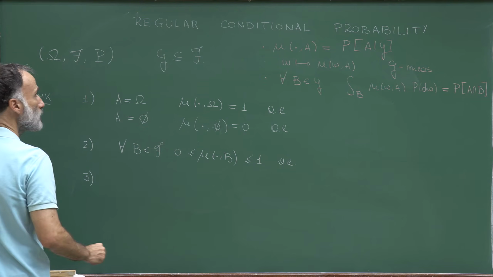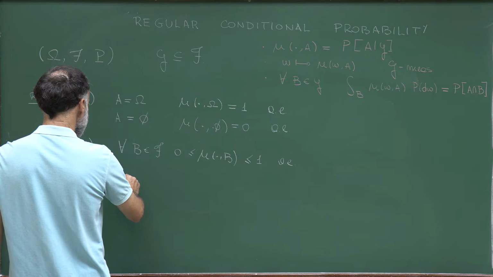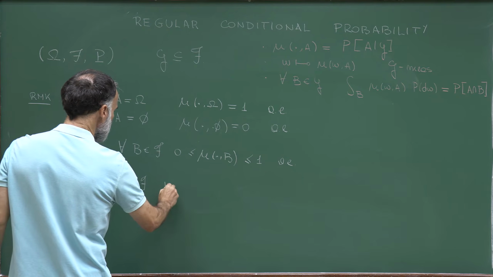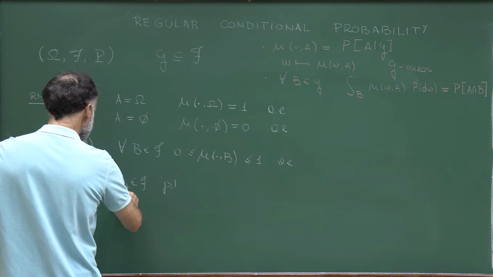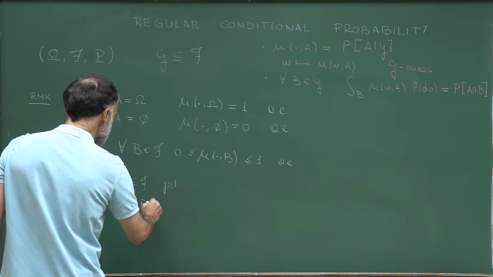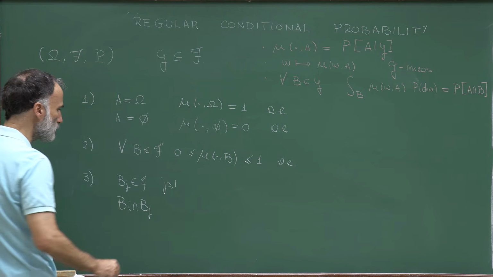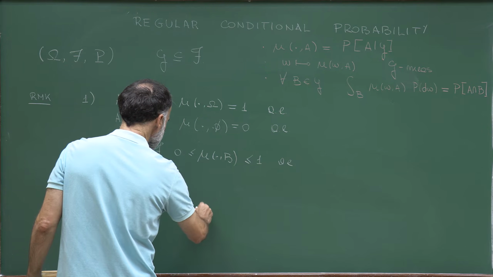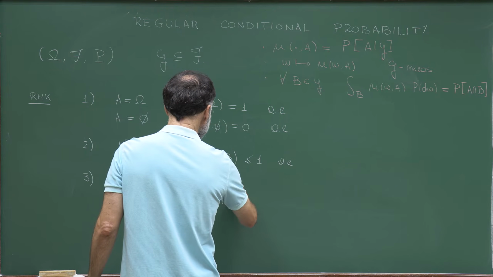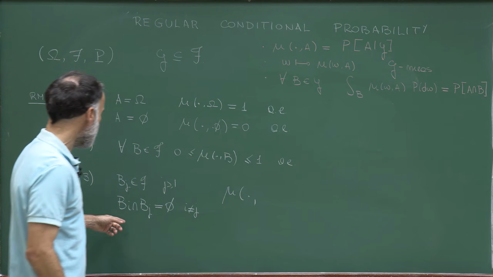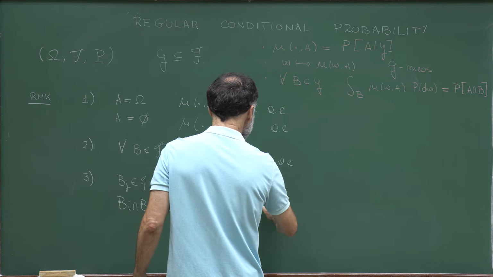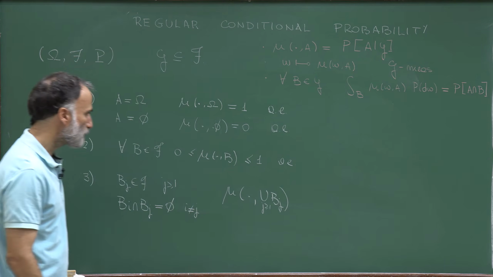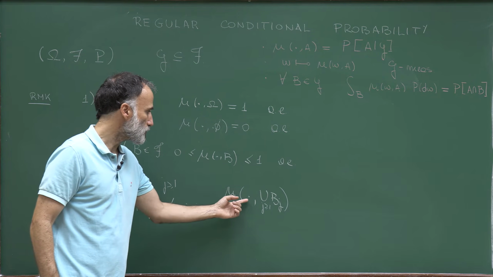And the third property: if I take a sequence of sets B_j, with B_j belonging to F for all j larger than or equal to 1, and they are two by two disjoint, so for i different from j the intersection is equal to the empty set, then the union of these sets is a new set, and this gives rise to a new function.